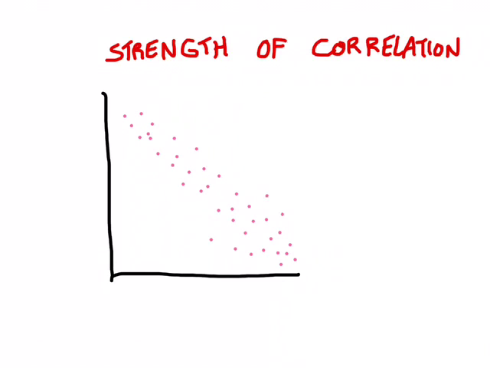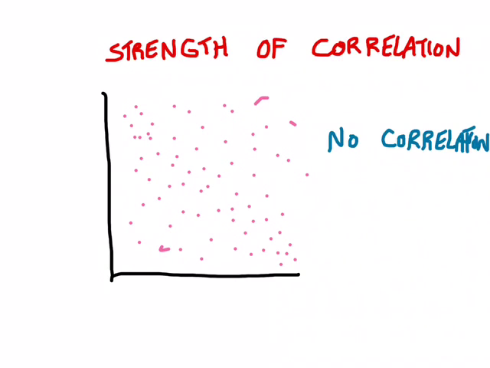If we keep going, we start to see less strong correlations. And then finally, if your data appears just to be completely random, we get to the point where we actually have no correlation. At this point, we start to see that the two bits of data that we're looking at have no relationship to each other.